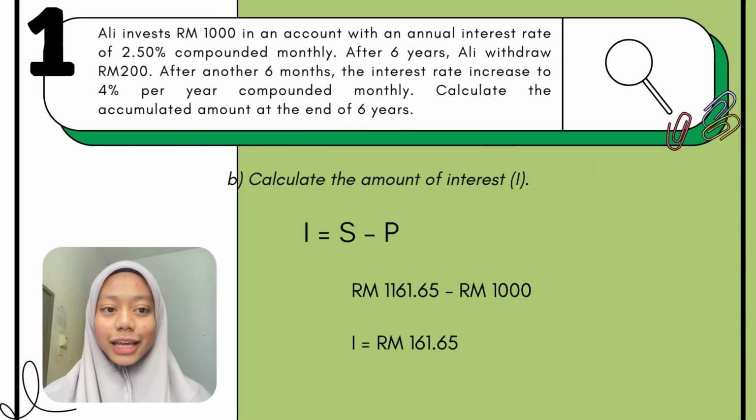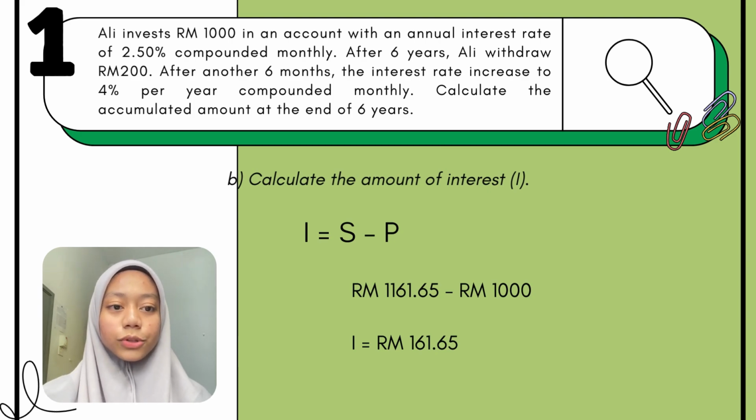B. Calculate the amount of interest, I. In this question, I am going to use the formula I equals S minus P. Since I already calculated the value of S and P is given already, I can straight away use them. Therefore, 1,161 ringgit and 65 cents minus 1,000 equals 161 ringgit and 65 cents for the interest amount.